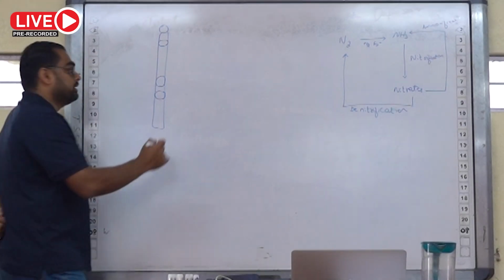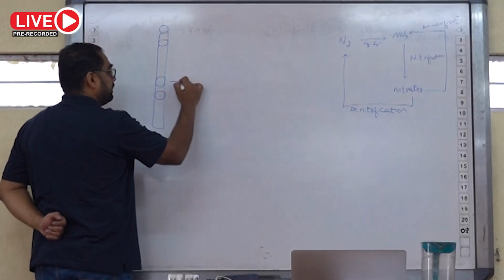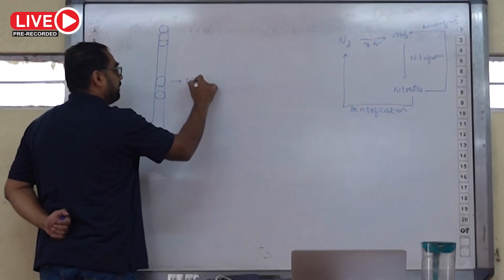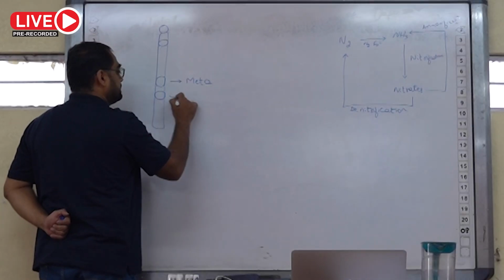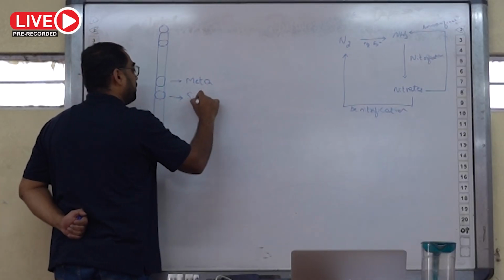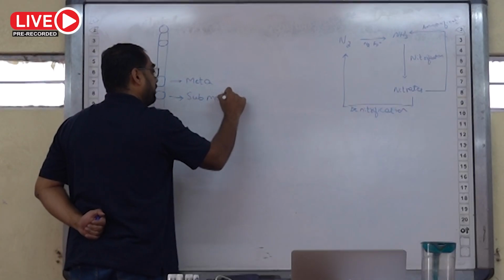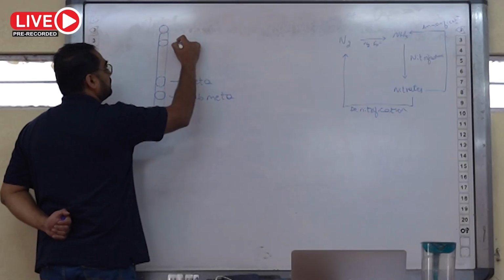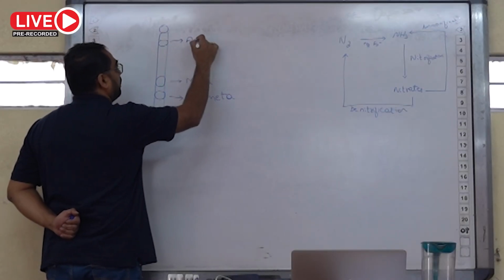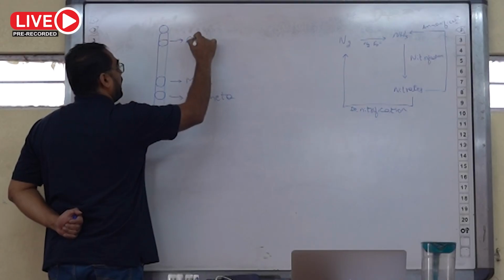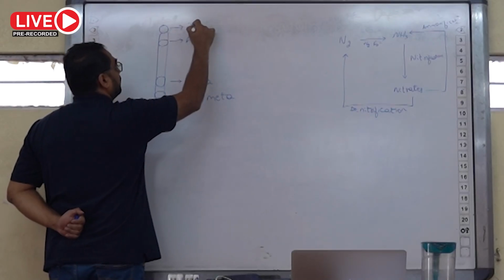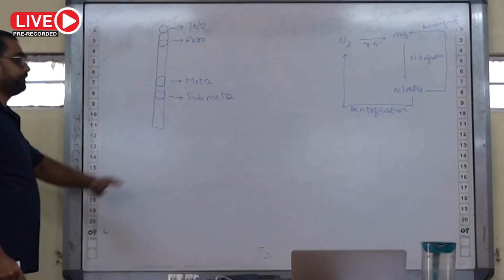Four positions. This is metacentric. This is submetacentric. This is acrocentric. This is telocentric. That's all.